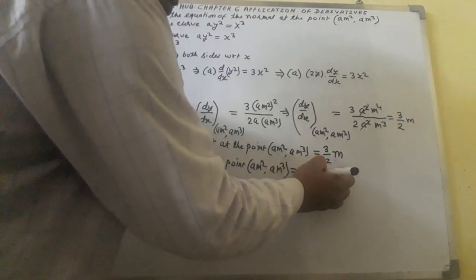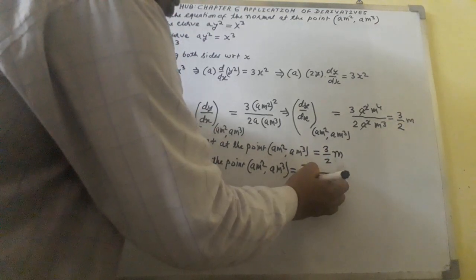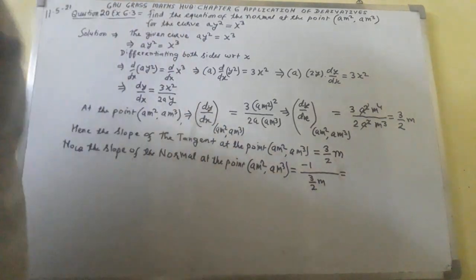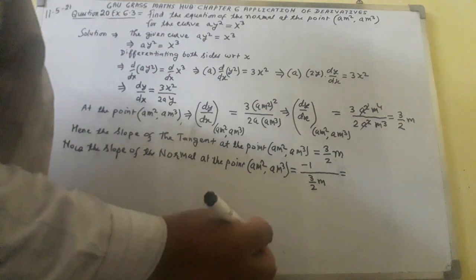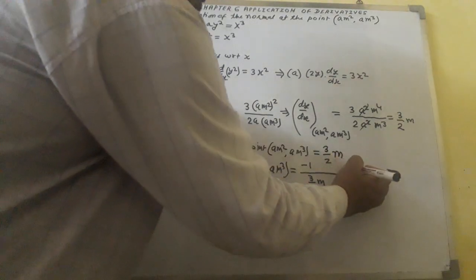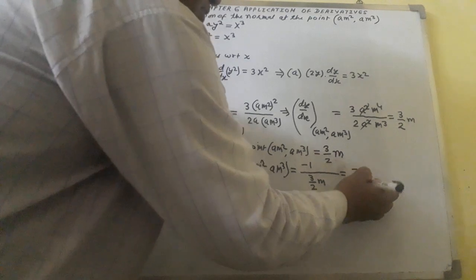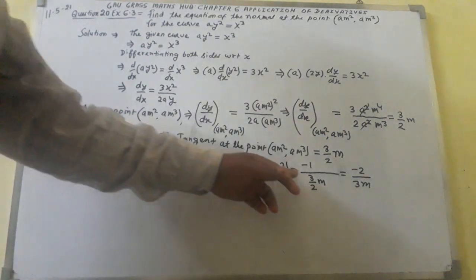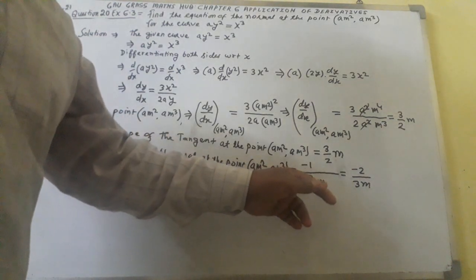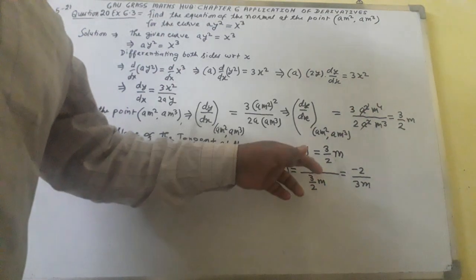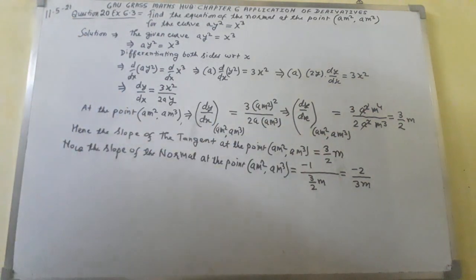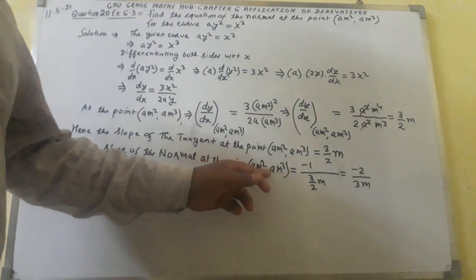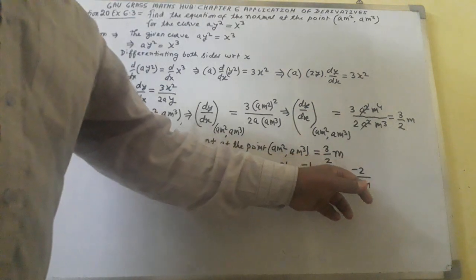So -1 over 3 over 2 m equals -2 over 3m. The 3 will multiply to m, you will get 3m, and the 2 will be pushed back into the numerator, giving -2. Now the slope of the normal at the point (am², am³) is -2 over 3m.